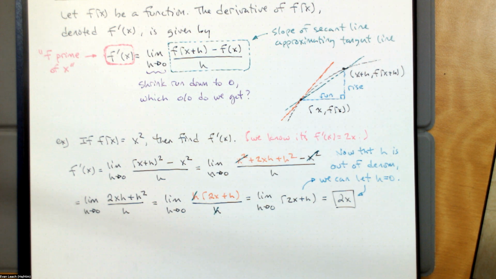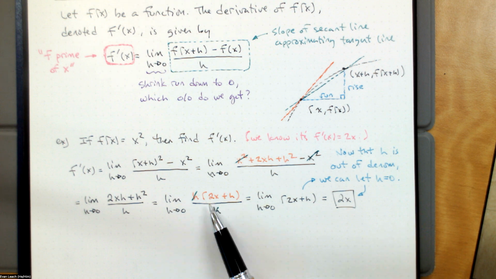I did something very shady here. I wrote two things are equal that are not quite equal. The only thing saving me is that I kept writing limit as h goes to 0. What two things here are not equal? In this last step, I canceled out h over h. When we simplify fractions by canceling out a variable from the top and the bottom, we're not making equivalent expressions.